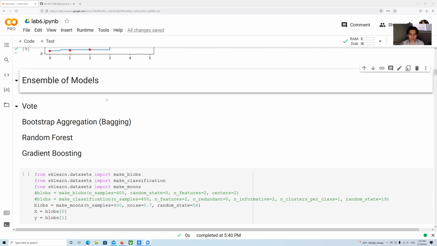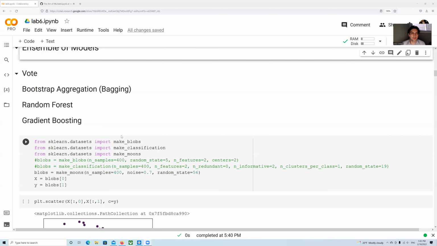So we train each model on the errors of the previous models. So these are two main approaches. Let's start from majority vote.